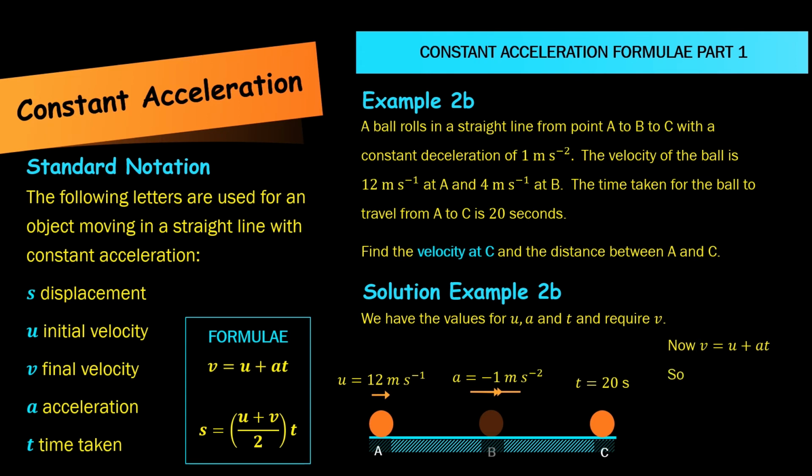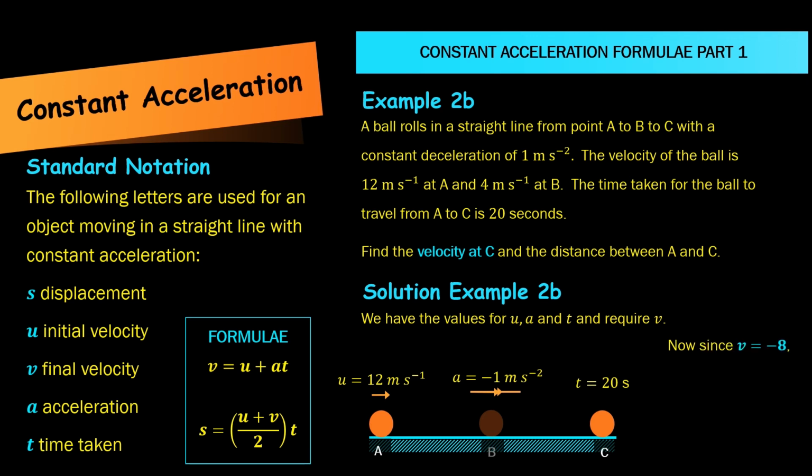And so plugging in all the values, U equals 12 here, A equals -1 here, and T equals 20 here, gives us that V equals -8. And of course this is in meters per second.